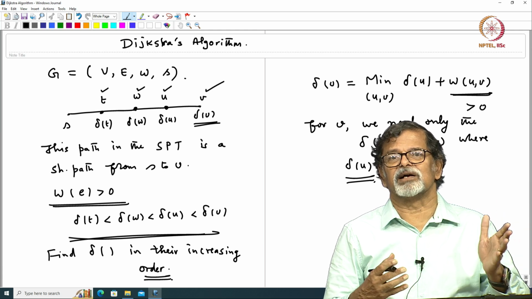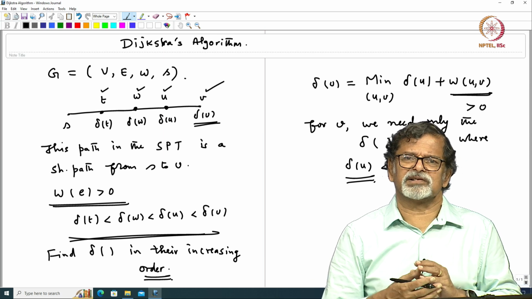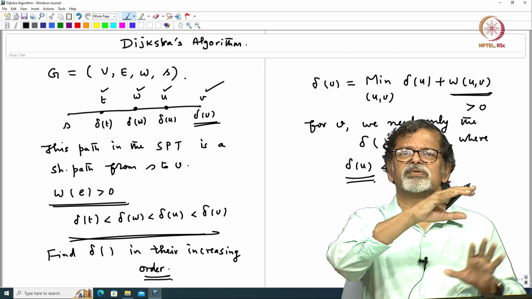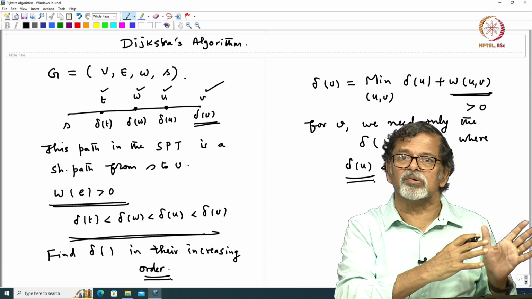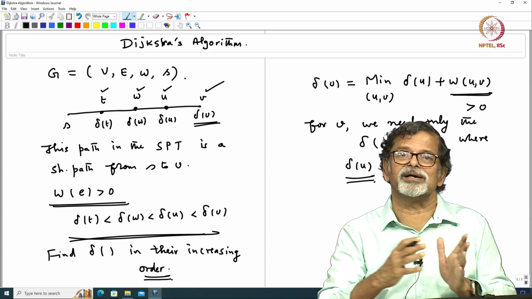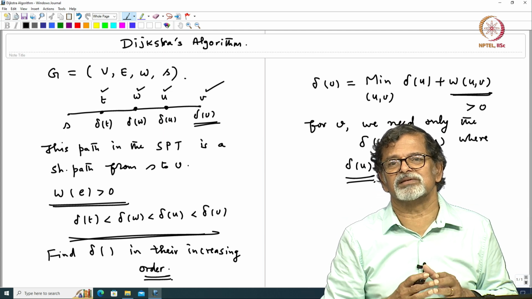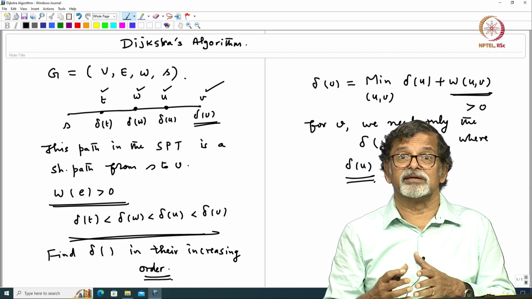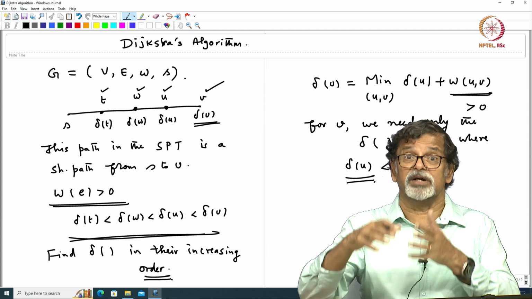In topological sort, the topological ordering is independent of the shortest path weights. So, I can work on the graph, find the topological sort in a DAG and use it to go in a systematic way in an order, and then I could solve the single source shortest path problem. But here the order I have in my mind is depending on the values that I am yet to find.